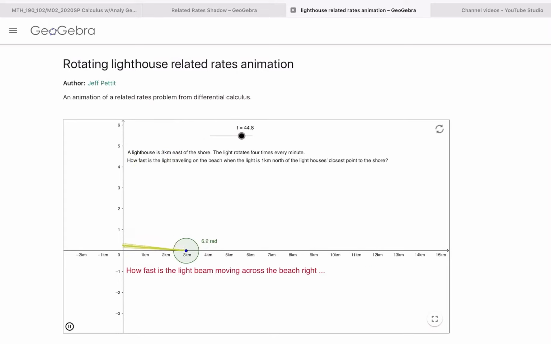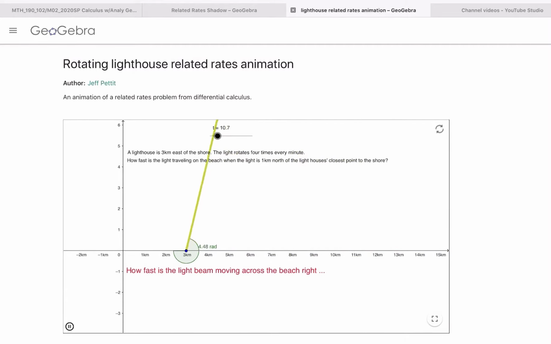So a lighthouse and the shore versus a car and a warehouse. This time the light is rotating at a constant rate, 4 times per minute. Ours is rotating at a constant rate of 30 revolutions per minute. This one is 4 revolutions per minute. Makes sense, right? A lighthouse would go a lot slower than a revolving light on a cop car.